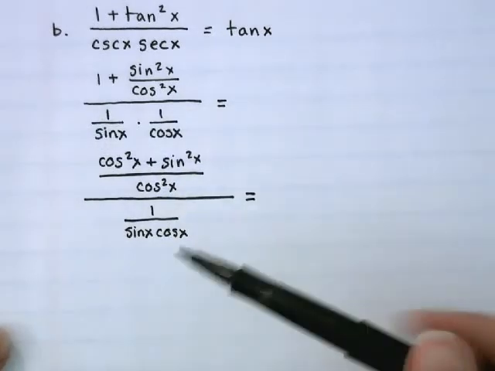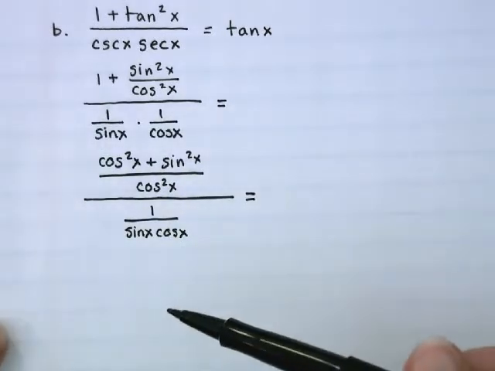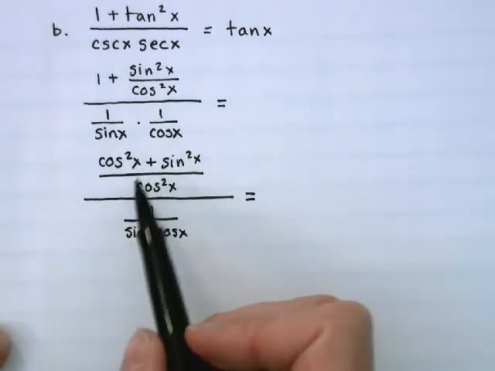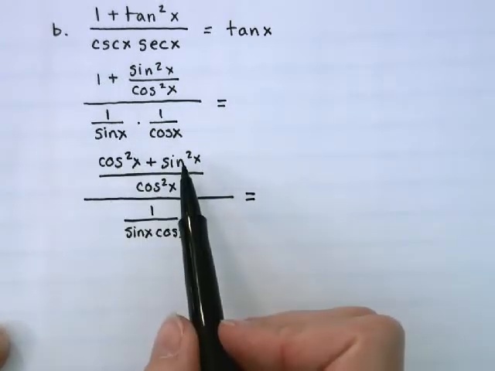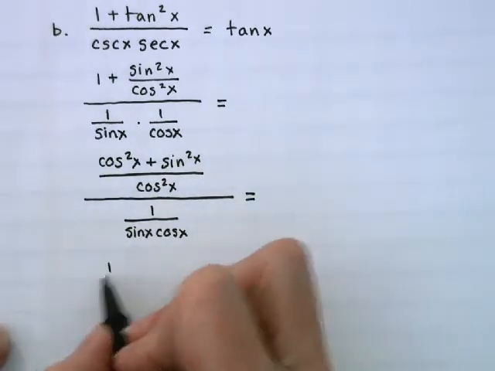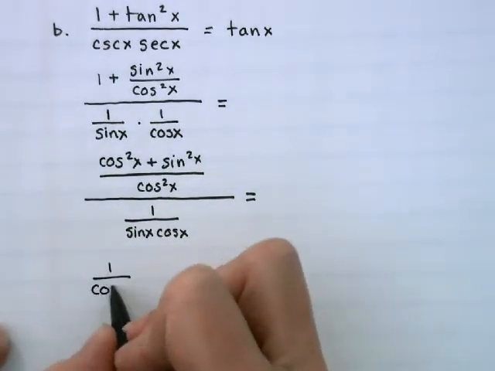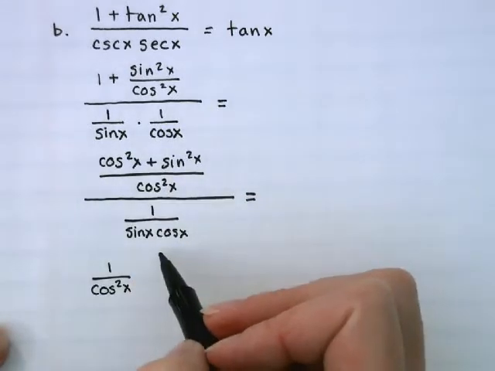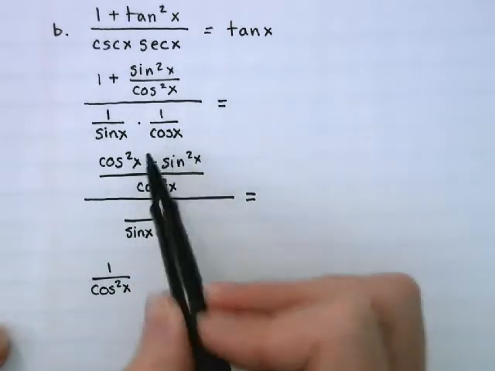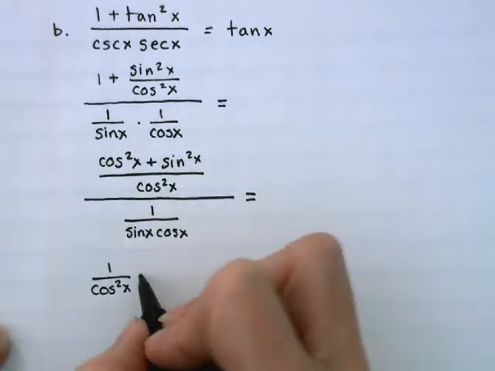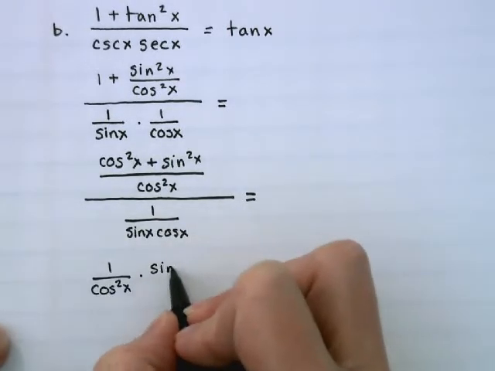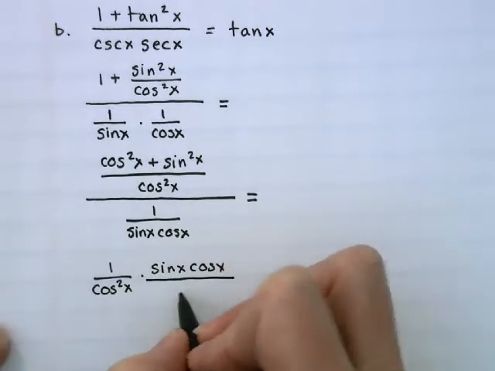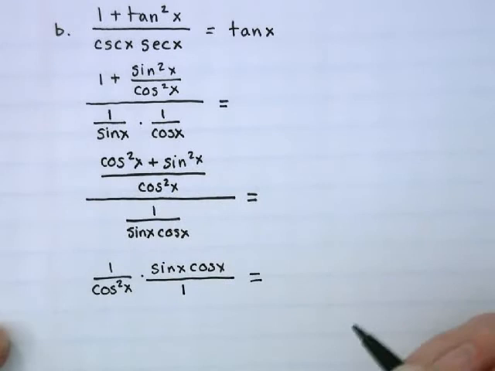Okay, so we have this whole big thing, and you can see how being neat is going to be really, really important here. Okay, I'm going to do two things here. First, cosine squared plus sine squared is just 1. And then rather than having this big old stacked fraction, I'm going to take this and multiply by the reciprocal here. So that's going to be times sine of x cosine of x over 1.